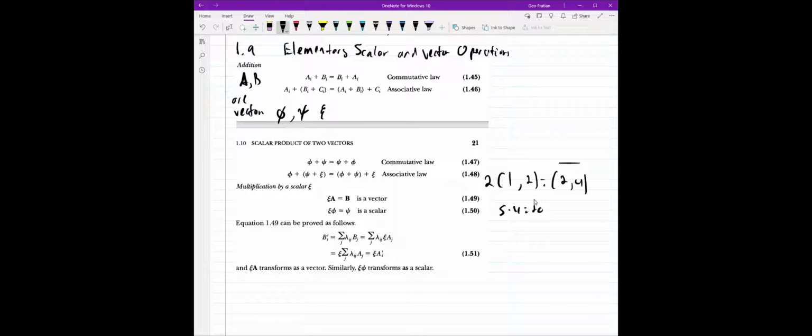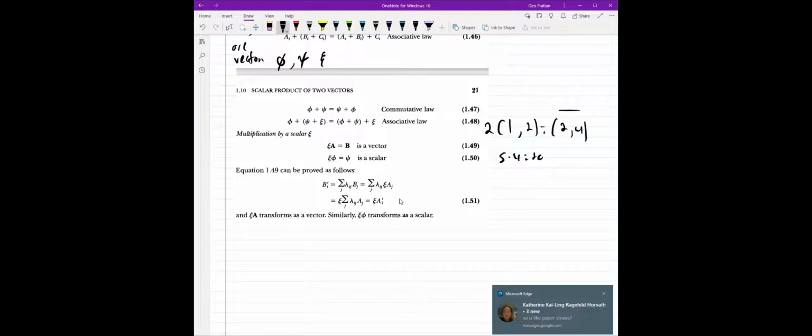Multiply the masses together, you still get a mass, which you'll see in stuff like the universal law of gravitation. And then we can prove 1.49 right here, and we see that it remains a vector. So yeah, okay. Now we can move on to 1.10.